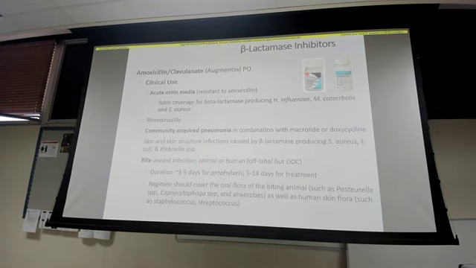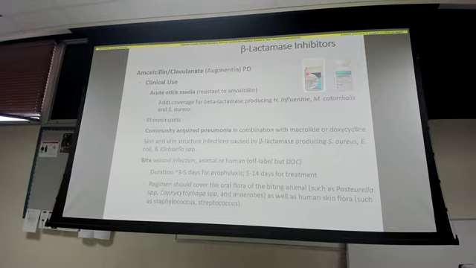So looking at our Augmentin, I touched on it a little bit already. Our clinical use was acute otitis media. So in our patients where I gave them amoxicillin, they were resistant to that amoxicillin, and I had a treatment failure, and it wasn't because my patient wasn't taking their meds. They took their meds, and for whatever reason, I was not able to overcome that infection.